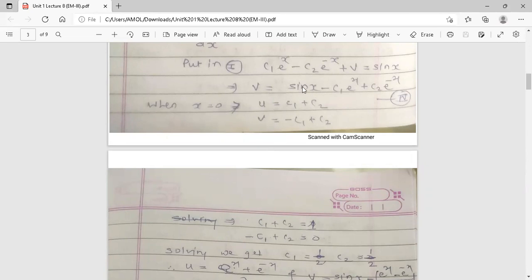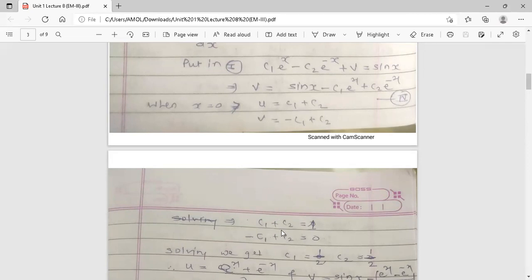When x is 0, sin 0 is 0, minus c1 e raised to 0 is 1, plus c2 e raised to 0 is 1. So it is minus c1 plus c2. In equation number 4, you put x is equal to 0. So minus c1 plus c2 is equal to v, and when x is 0, v is 0. So minus c1 plus c2 is equal to 0.